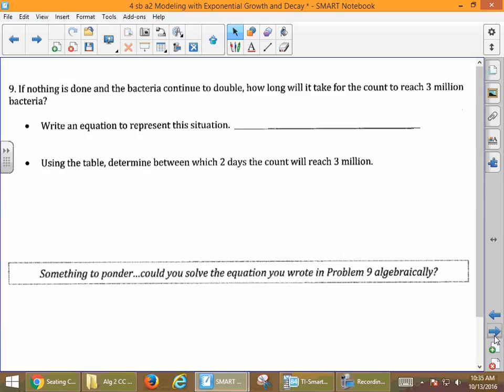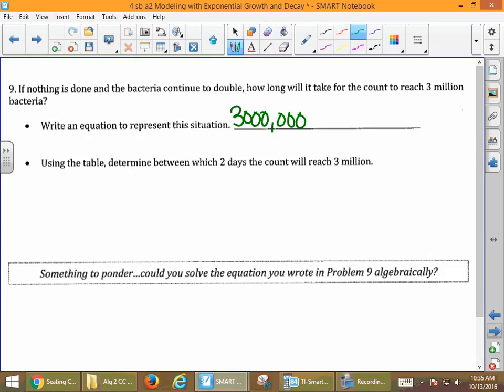But if nothing is done, and the bacteria continue to double, how long will it take the count to reach 3 million bacteria? Well, let's write an equation for that. And what that says is we know that our answer is 3 million.